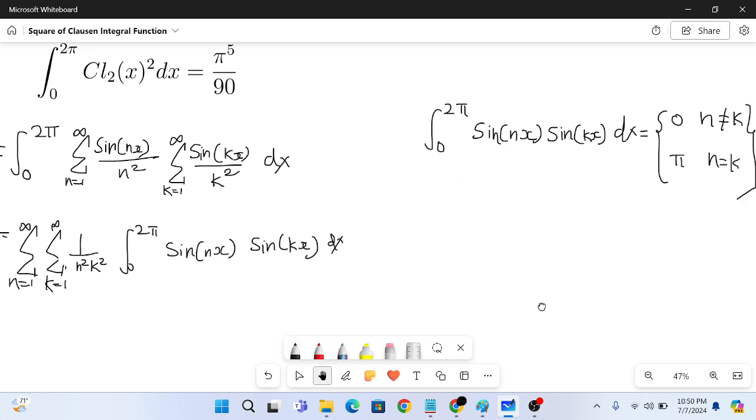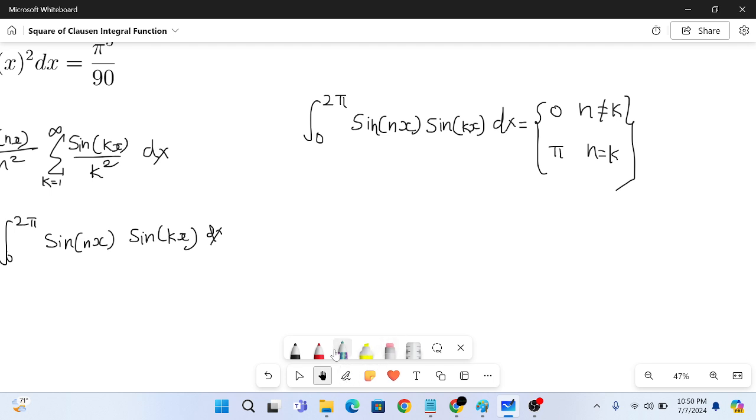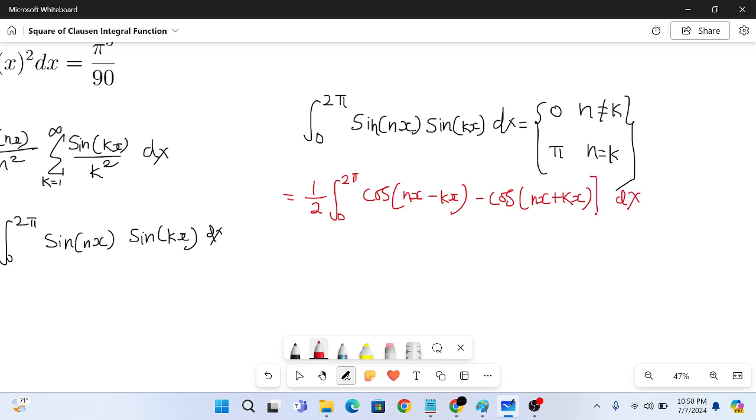Now to evaluate this integral, you can write it as 1 by 2 integral from 0 to 2 pi of cos of nx minus kx, minus cos of nx plus kx, dx. After that we can integrate it.